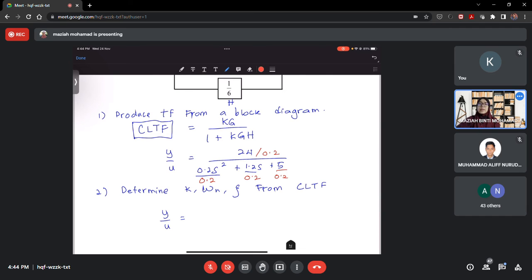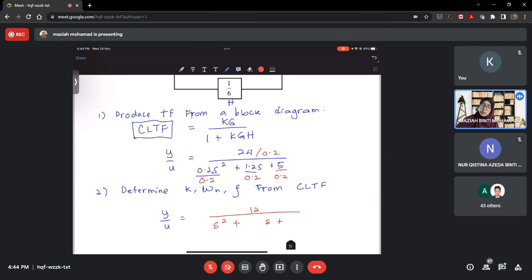Please divide with 0.2. It will give you, okay, 24 divided by 0.2 is 120.